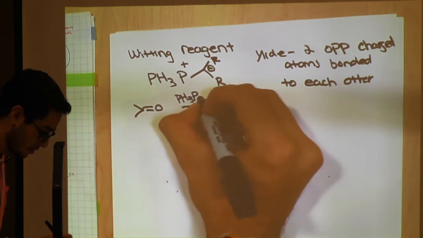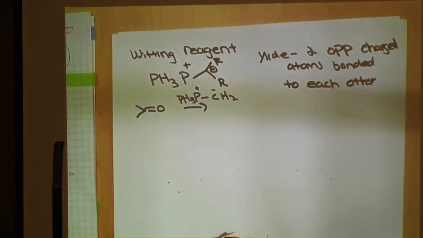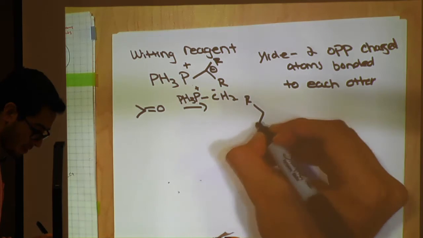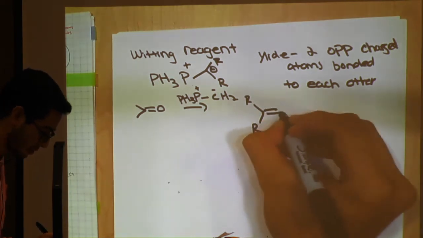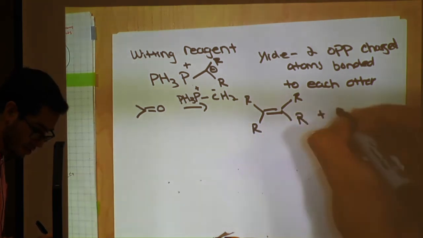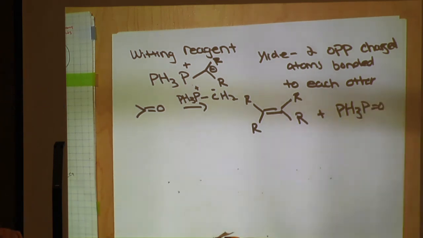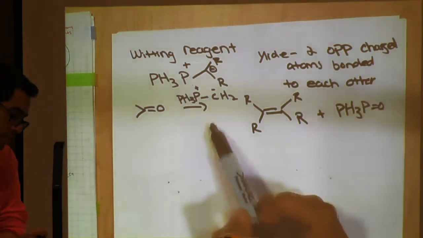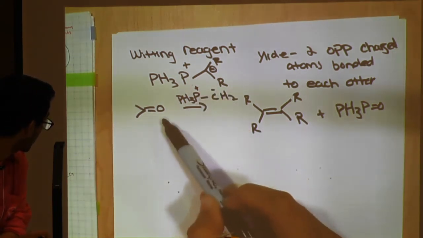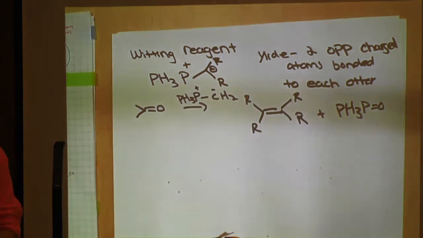Ph3P=CH2, for example. And so when we do this, we can form alkenes. So that will form something like that. Essentially all we do is take whatever's on the right side of our Wittig reagent, swap it out with the O and attach it, and then the O is going to attach itself to what's left of the Wittig reagent.